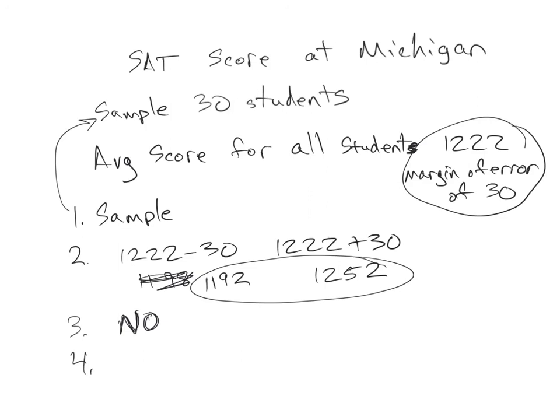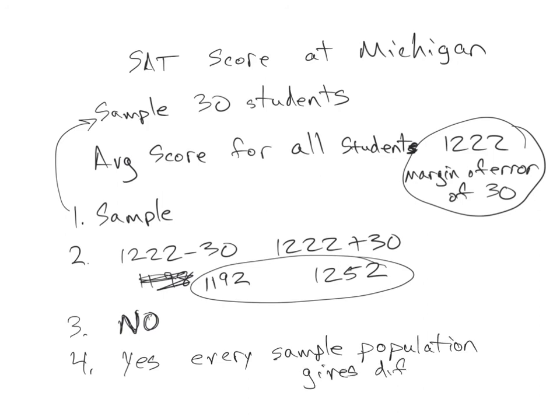Let's talk about this. Due to sampling variability, remember you're sampling and there's variableness in your sample, every random sample produces different estimates. And we talked about this in 3.1, every sample gives different information.